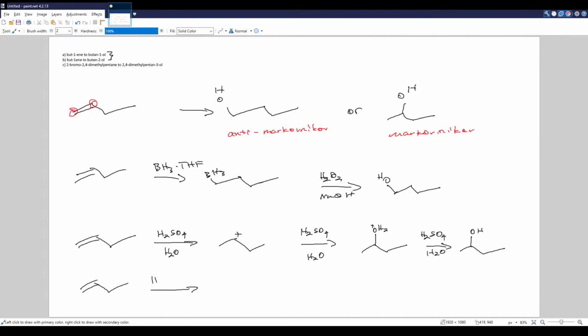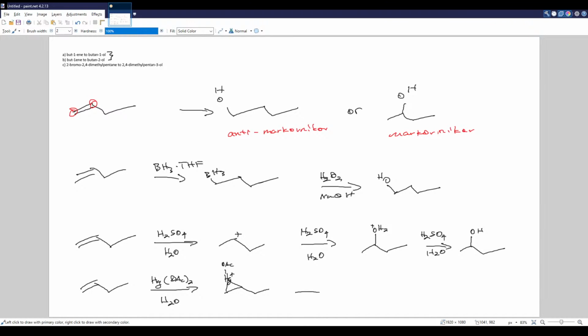Or we could do the mercury method with mercury acetate. And what else was the solvent there? I don't really remember. I think it's that in water. And then we end up getting this thing, the mercury acetate, like this.